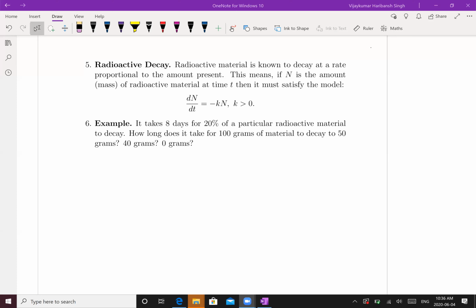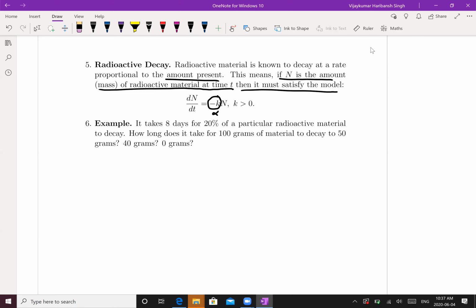If you have a radioactive material, it is known to decay at a rate proportional to the amount present. This means if n is the mass of radioactive material present at time t, then it must satisfy the model dn by dt equals minus kn, where k is greater than 0. Again, in this case, what will be the solution? Let's call this alpha.